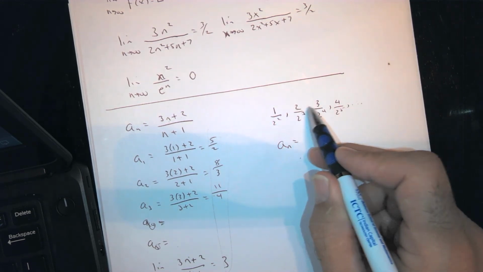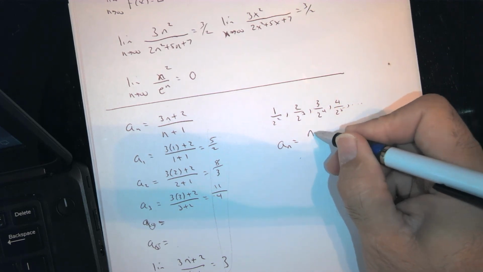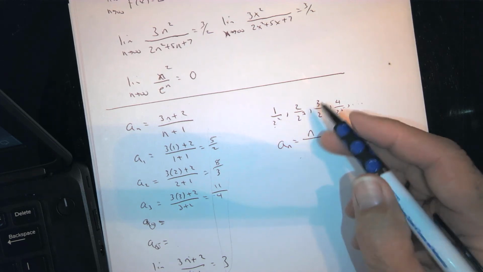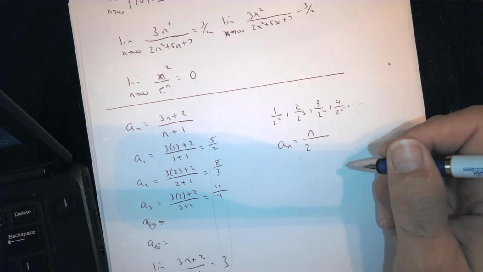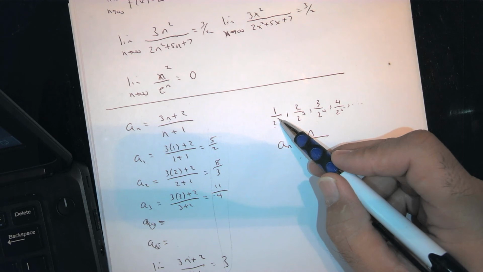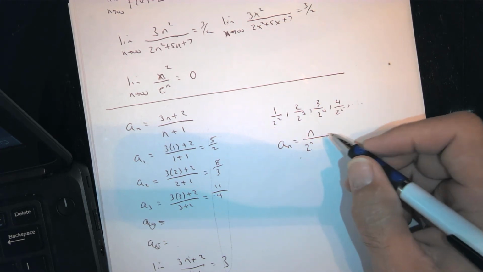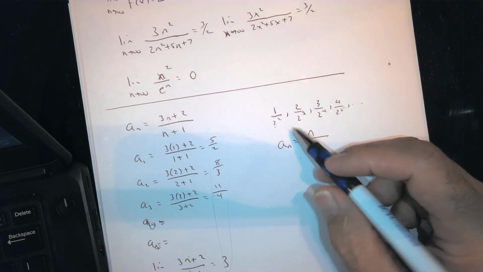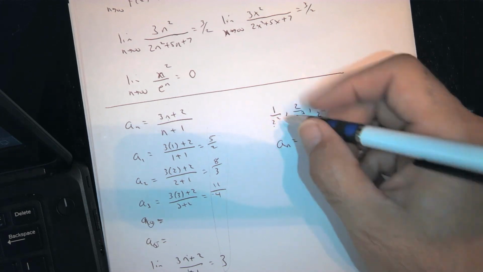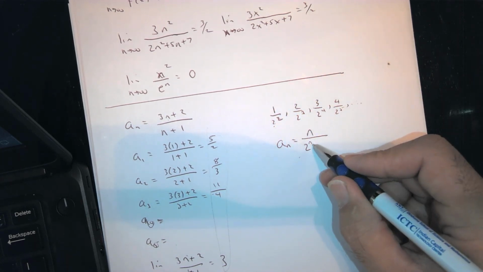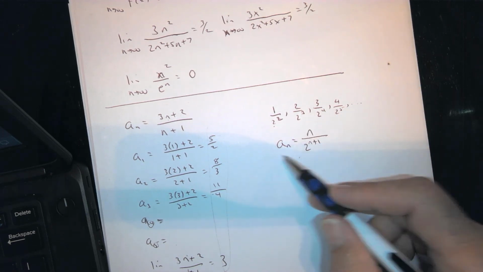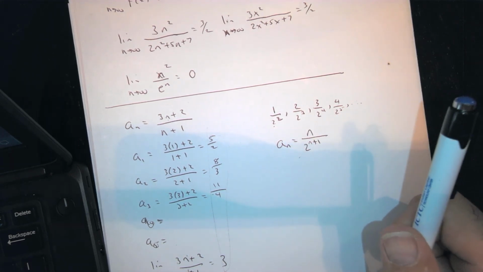Now notice you have 1, 2, 3, 4, so that's going to be our n, over 2 to the 2nd. You're going to start off with 1, so the exponent is just not going to be n, because the first number that you plug in here is 1. So if you take 1 and plug in here, I want 2 squared, so what I'm going to have to do is just add 1 to this exponent here.